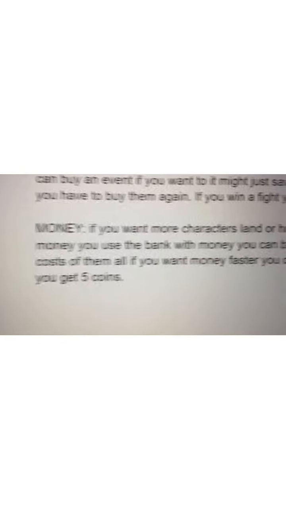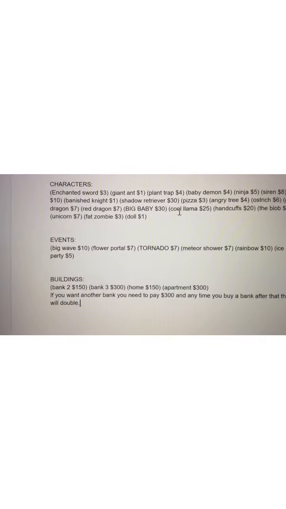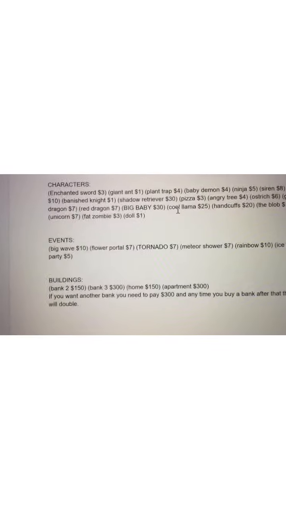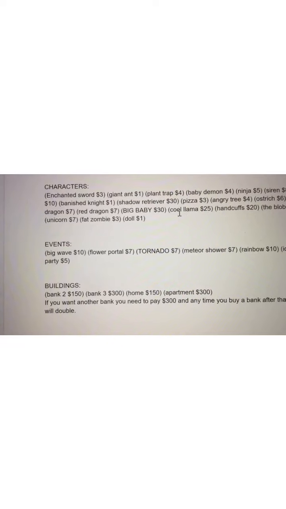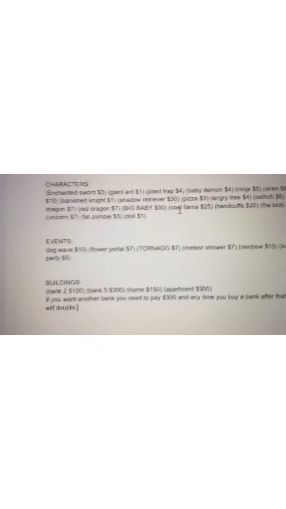Now I'll explain money, which is very, very important. On the very bottom of the page, of all the pages, there will be prices of each character, event, and building. How you get money is you use your bank. At the start of the game, you will get a regular bank. There are a lot of different kinds of banks, 3 to be exact.